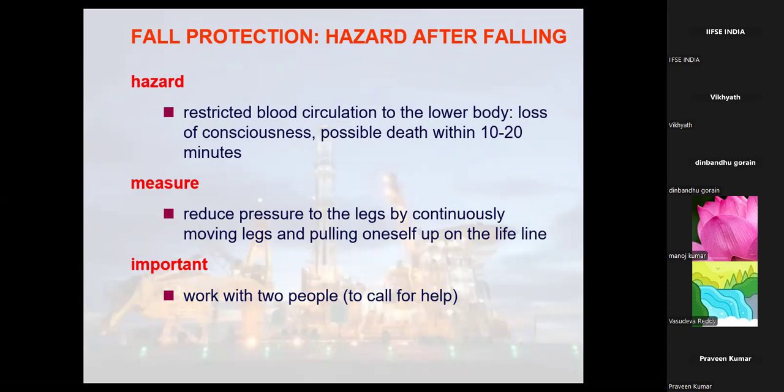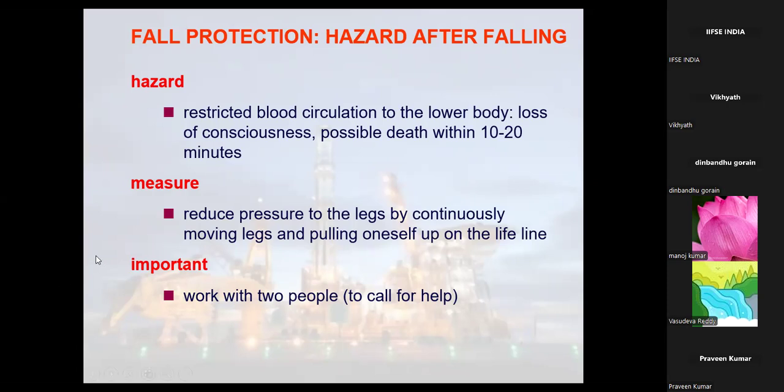As he says here, the blood circulation may be stopped. So what a person should do is move, and he should have enough gap in the leg strap so that the blood flows to his legs and other parts of the body. So always keep in mind that suspension trauma is very important for a person who is falling.